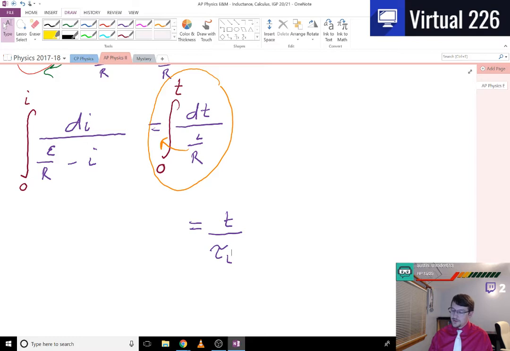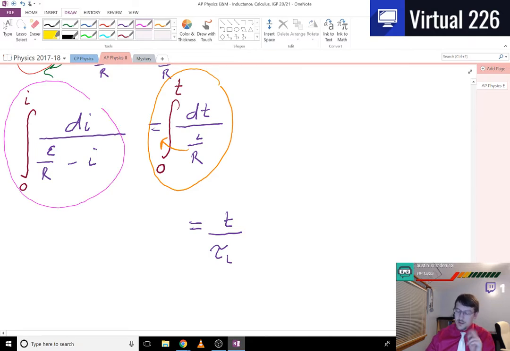As for our left side here, we need to be a little careful. If we look at the left side, this is actually going to be a u substitution, and if we're clever and we look at this, we know it's going to be a natural log because we've got di over some I. But if we set up our u substitution, our u is going to be, in this case, epsilon over R minus I, and our du is going to be then negative di.